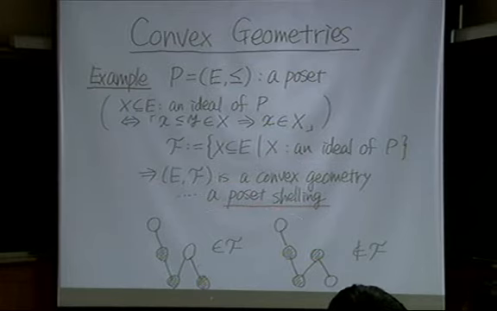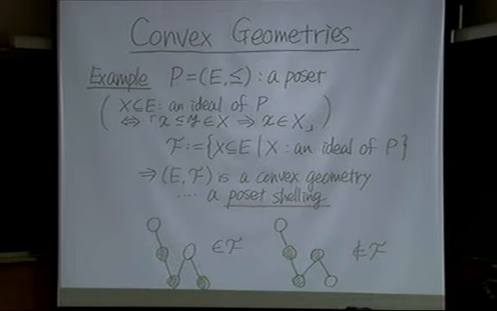So ideal means: if this is bigger than this one, and this is bigger than this one. If we consider a poset, then something like a lower set of the ground set, a lower set is an ideal.